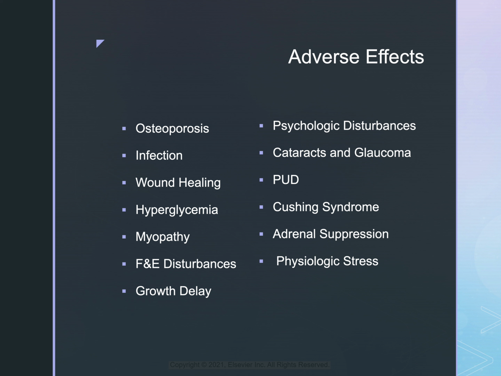For Cushing's syndrome, long-term glucocorticoid therapy can actually induce a Cushing-like syndrome. And so you'll have very identical symptoms to the naturally occurring Cushing syndrome, which is an endocrine disorder.